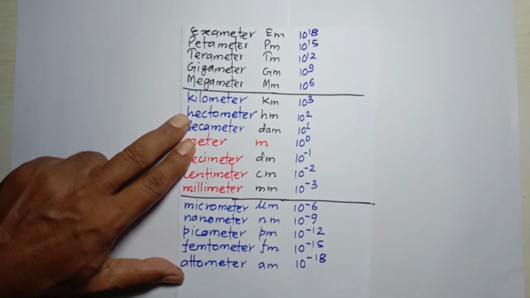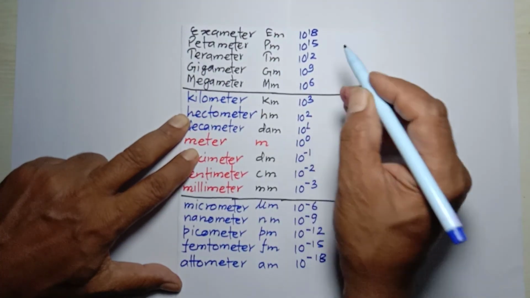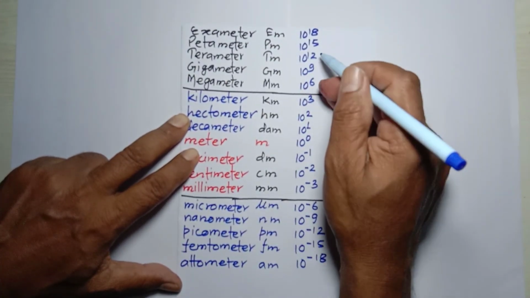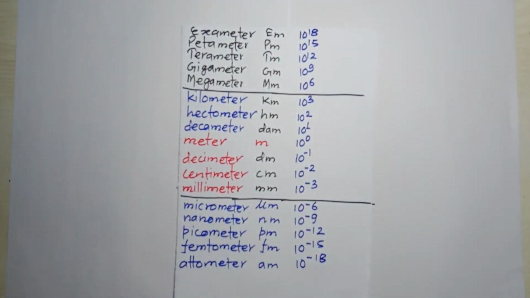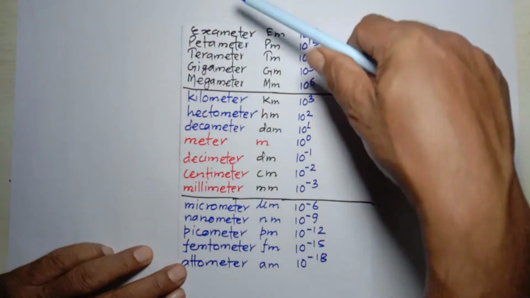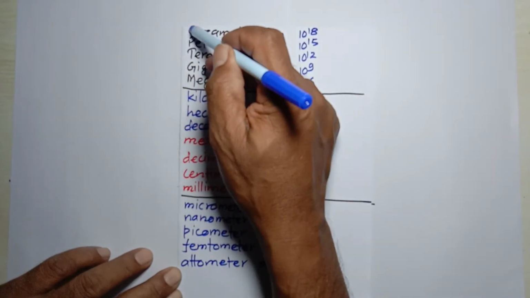It means attometer is 10 to the power minus 18 times the meter, but terameter is 10 to the power 12 times the meter. This way we can represent the relation between very small distances and very big distances.